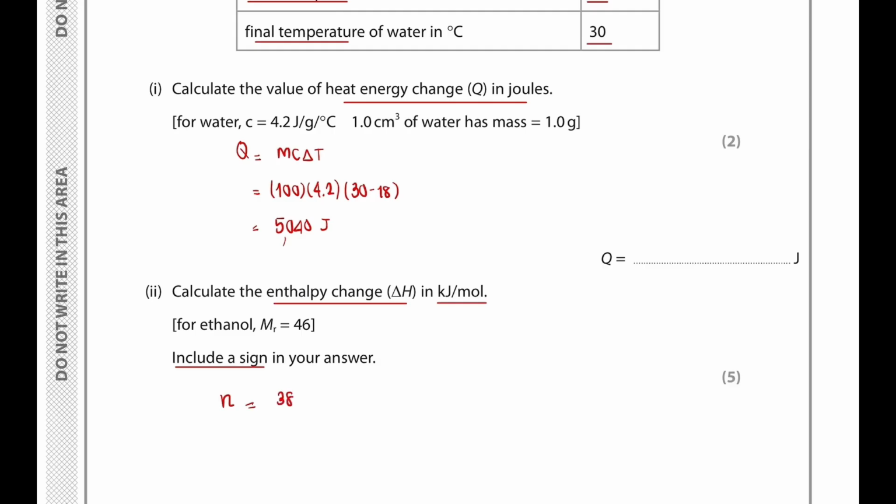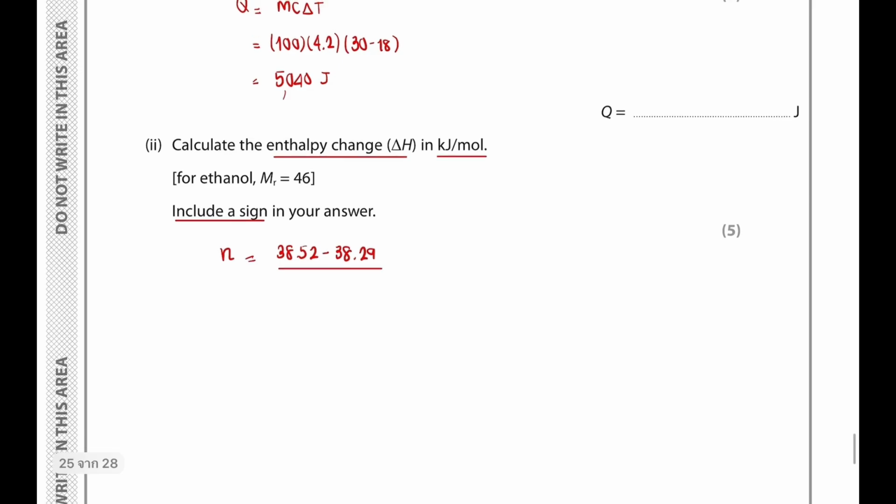This is the mass, and then divided by the Mr of the ethanol, which is 46. So it is 0.23 over 46, which is equal to 0.005 mole.